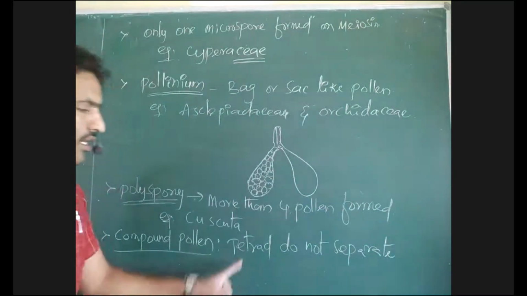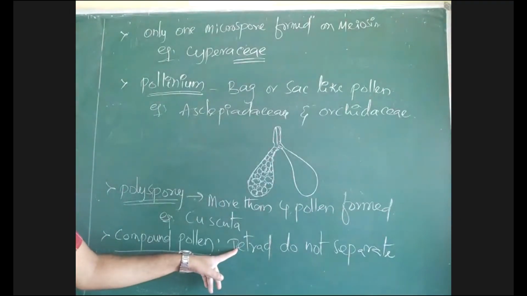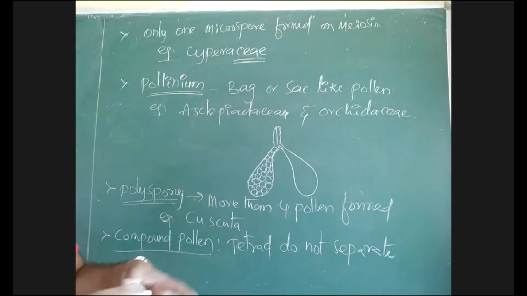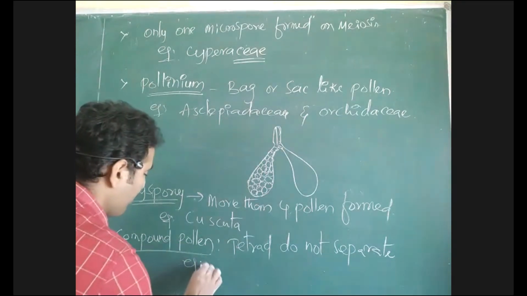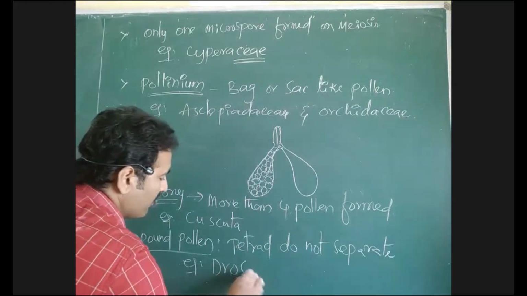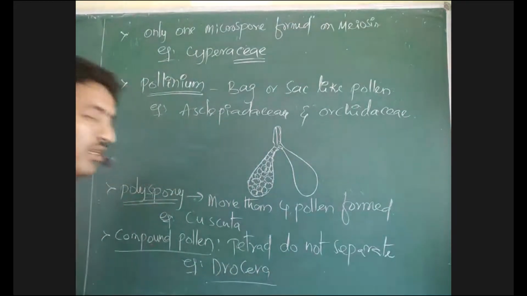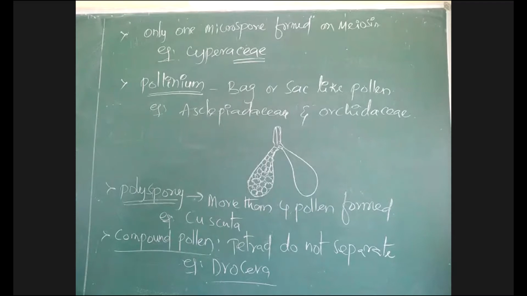As the tetrad is not separating, the 4 pollen grains stay as a group. That is called compound pollen. Drosera is the best example.